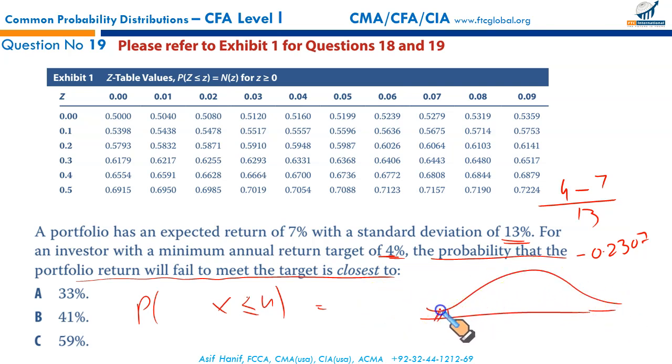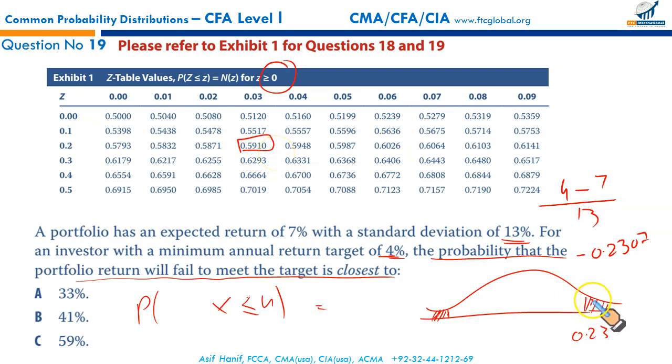So the region is somewhere here. Either you look this up in the negative z table, since it is not given here, because the z table here has all the positive numbers. So you're going to take this value as 0.23, which is 0.2 and 0.590, right? So the region up to this point is 0.5910.